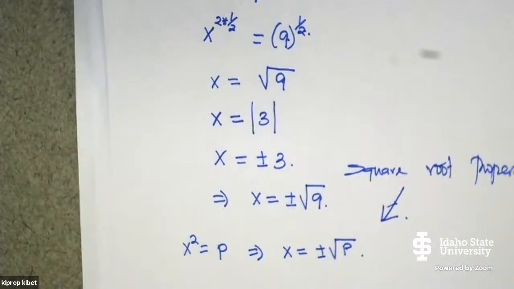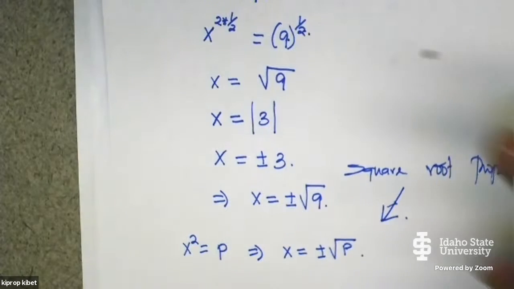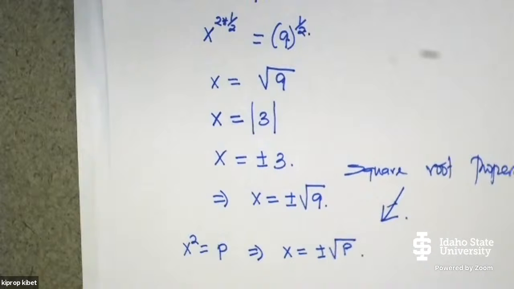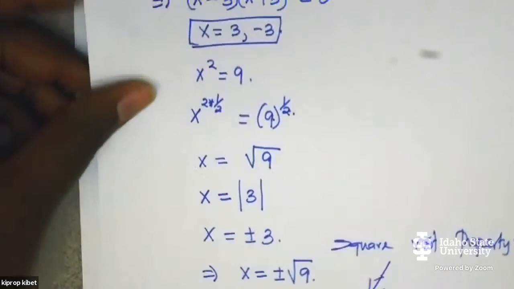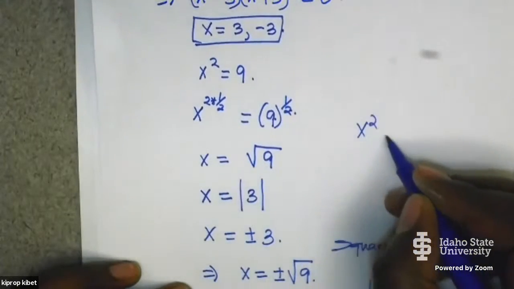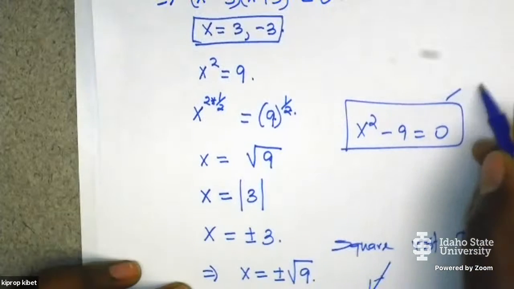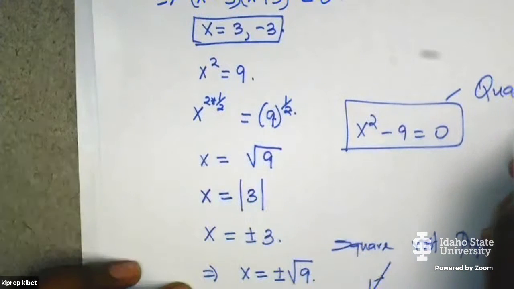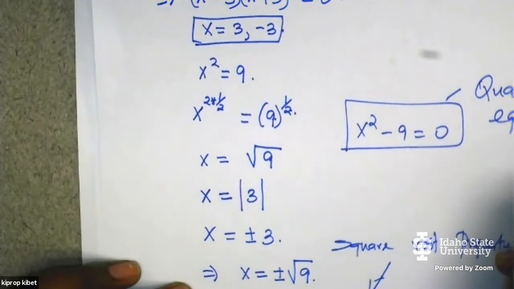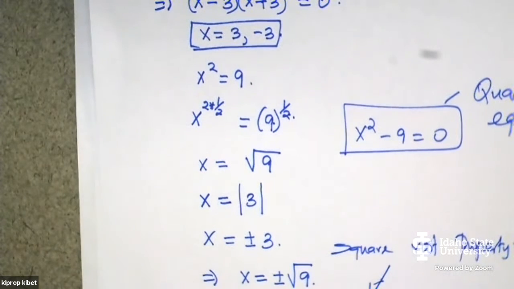So this x squared minus 9 equals 0 is a quadratic equation. We did the quadratic expression before.